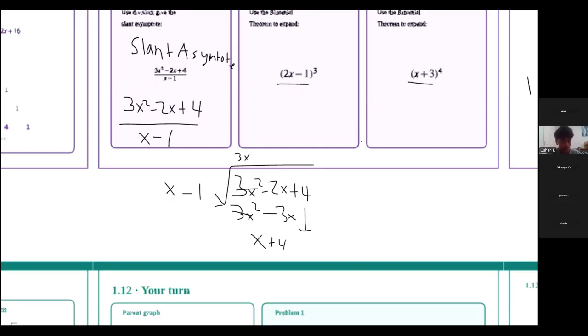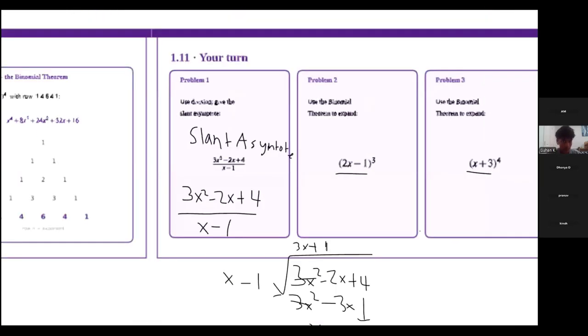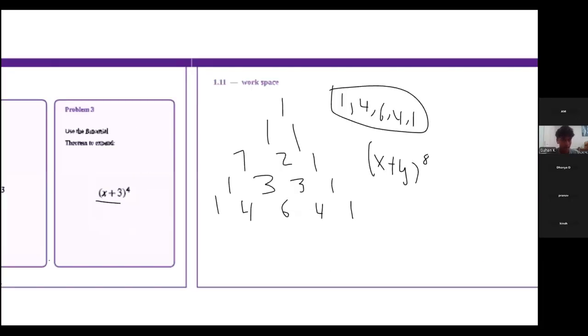So 3x plus 1, and we're subtracting x minus 1, which is just going to leave a remainder of 5. But we don't need the remainder, and we're looking for the slant asymptote. It's just whatever is over here. So our slant asymptote is going to be 3x plus 1. Okay, now let's look at, let me erase this.